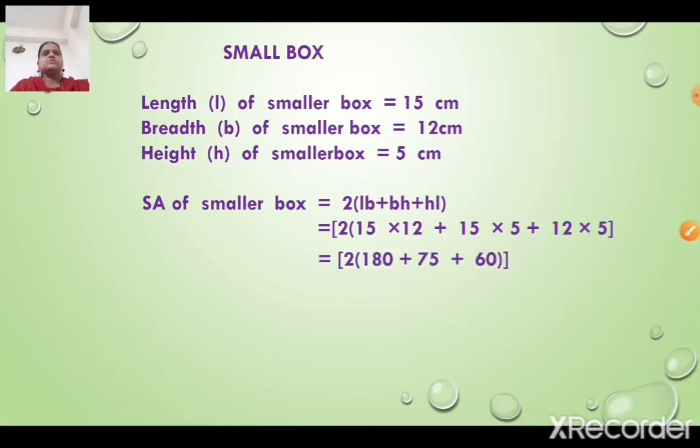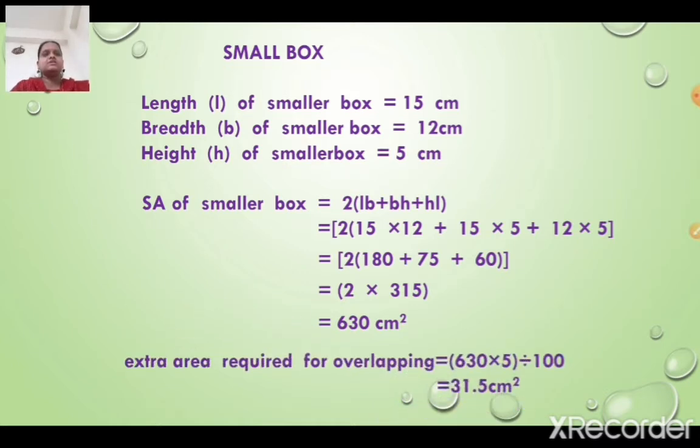Yes, so it is 2 in the bracket 180 plus 75 plus 60. So it is 2 into 315, and the final answer is 630 centimeter square. What is this 630 centimeter square? We got it as the surface area of the smaller box.